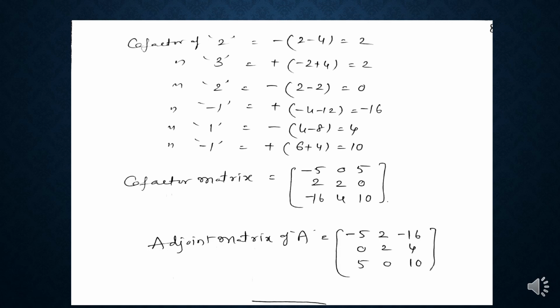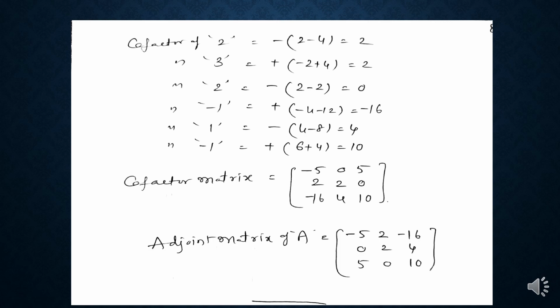Cofactor of minus 1 is equal to plus into minus 4 minus 12 is equal to minus 16. Cofactor of 1 is equal to minus of 4 minus 8, that is equal to minus 4 minus into minus, plus 4. And cofactor of minus 1 is equal to plus of 6 plus 4, that is equal to 10.